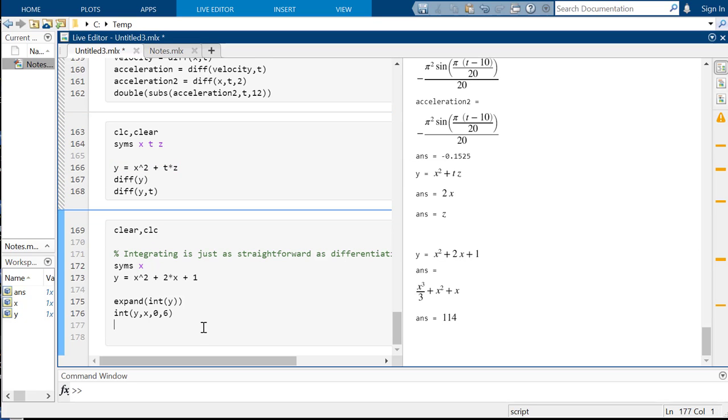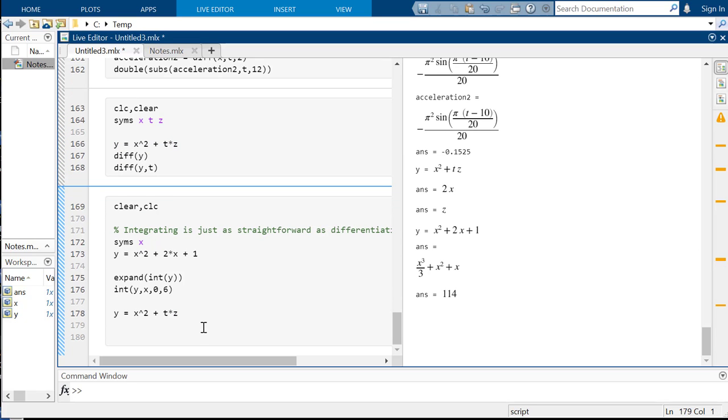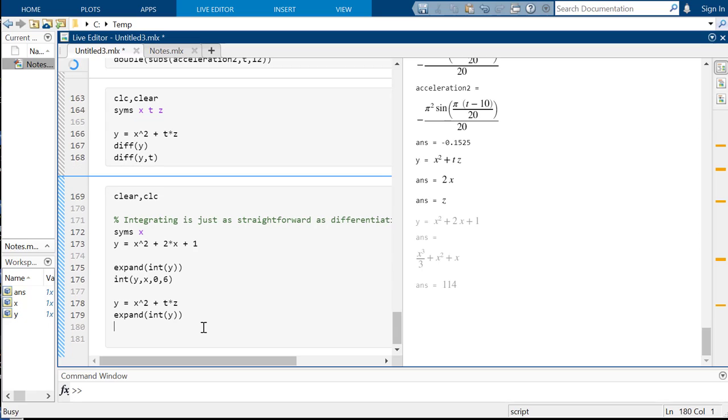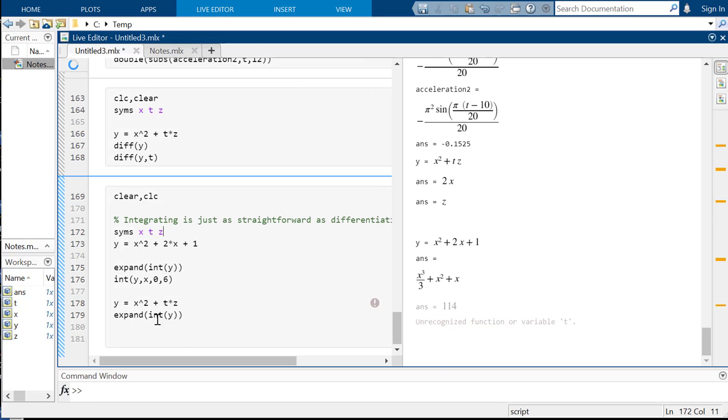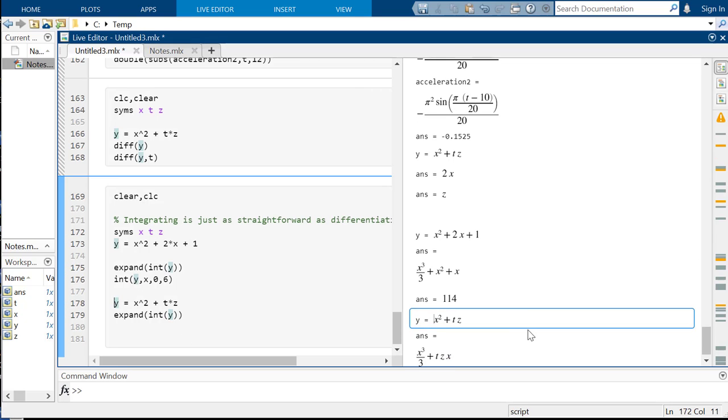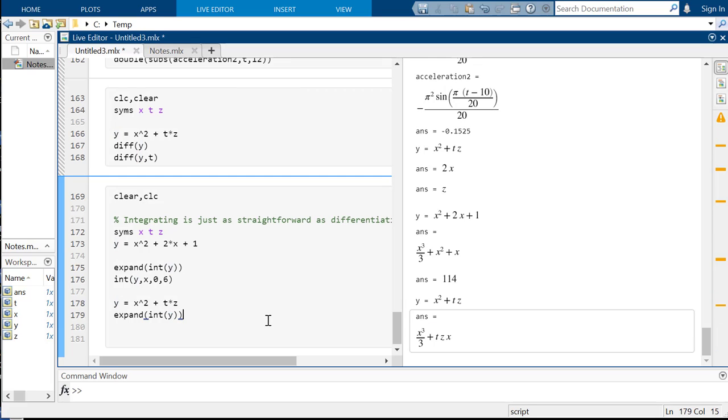If I had something like this again, where I had a t and a z, again, it's going to automatically differentiate or integrate with respect to x. Oh, t and z. So it's going to automatically differentiate with respect to x because it's just going to assume that's what I meant.